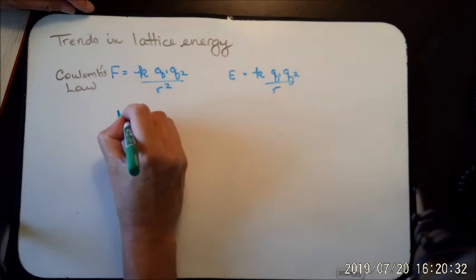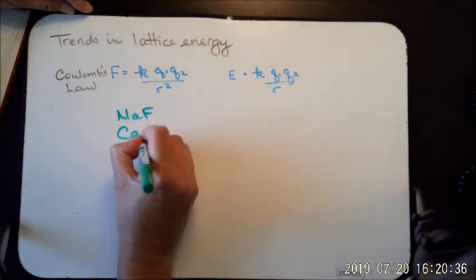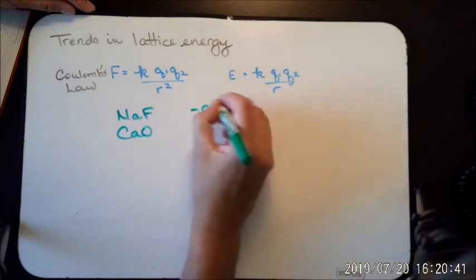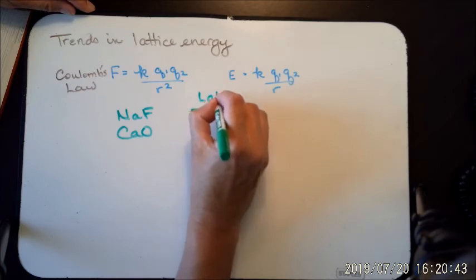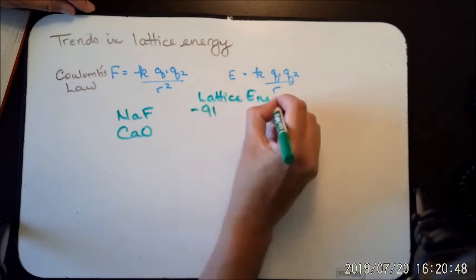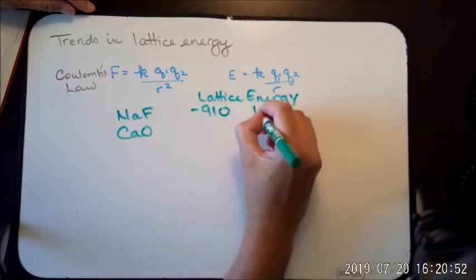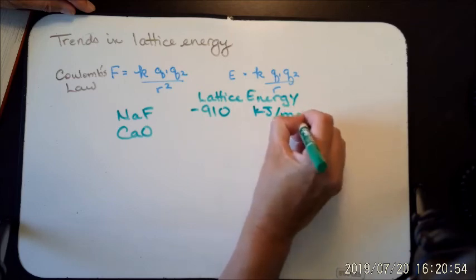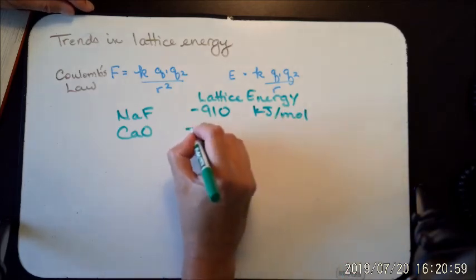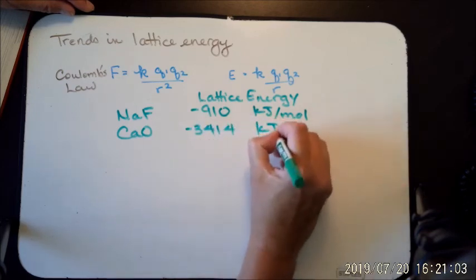Okay? Let's just give you this example. These values are in your book. The lattice energy is a negative 910 kilojoules per mole for sodium fluoride, and for calcium oxide it's a negative 3,414 kilojoules per mole.